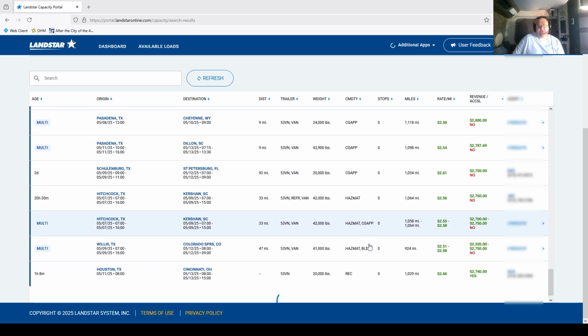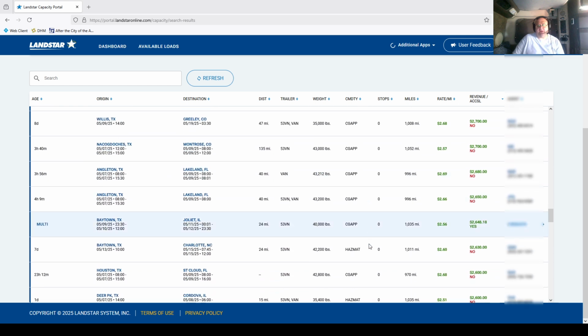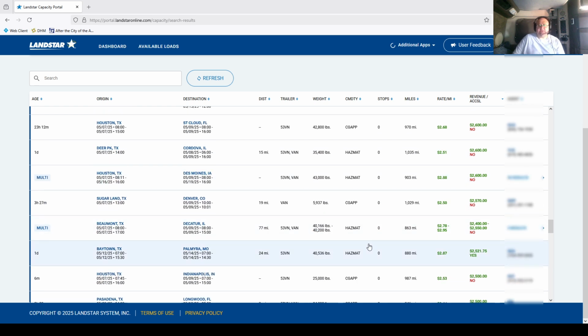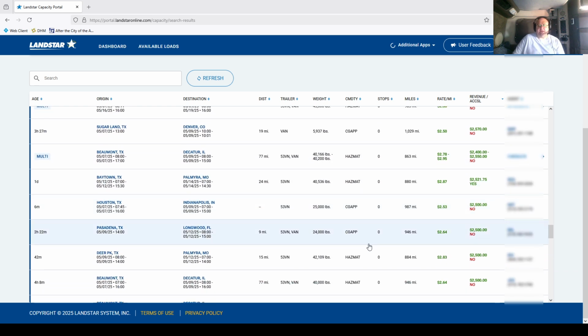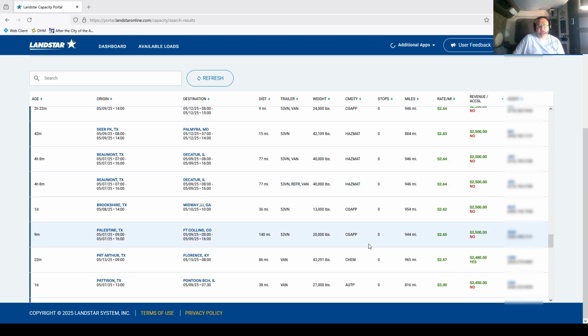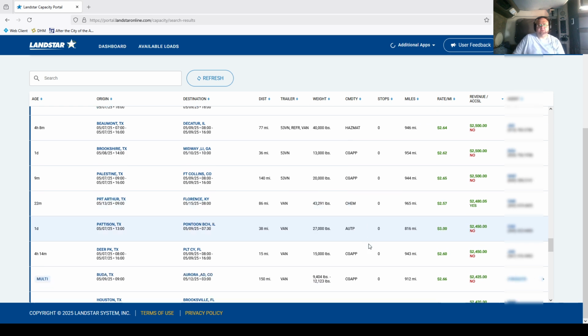Right, just skimming through here, I'm not seeing anything that looks good. There might be a good load that I miss, but I'm not seeing anything that looks good. It's all a bunch of like 250 to 280 a mile crap. So loads that would pay me like $1.75 to $2 a mile.